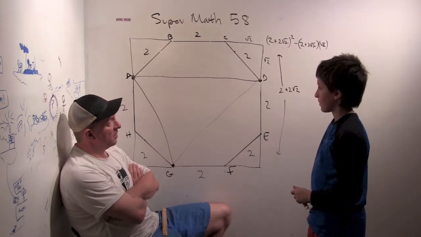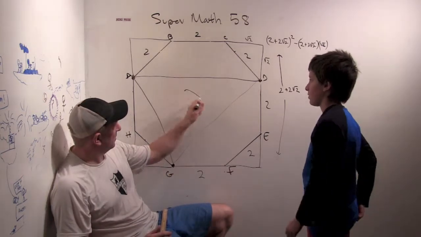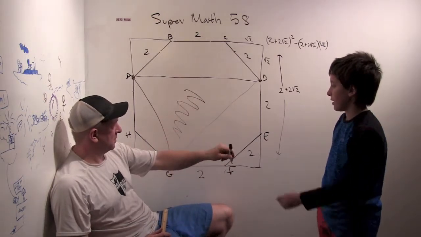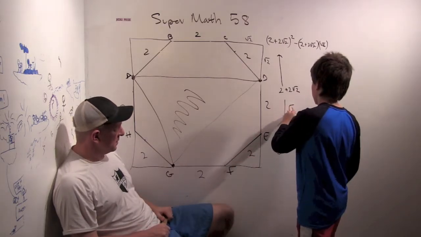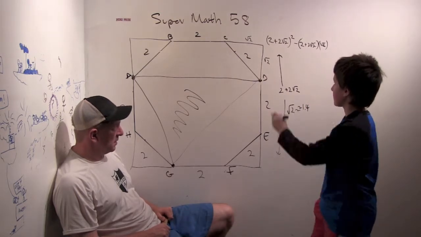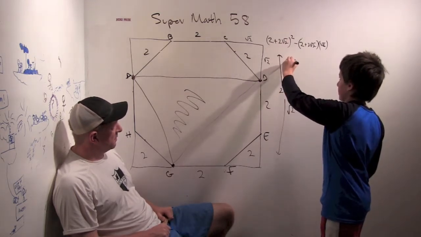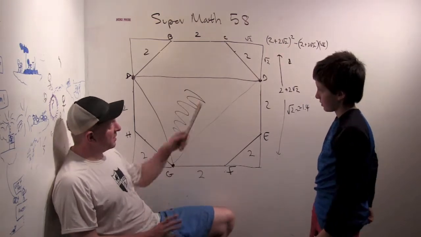Is there any other way to find the area of this triangle? Well, we can approximate it because the square root of 2 is about 1.4. But that's doing all the same calculations.